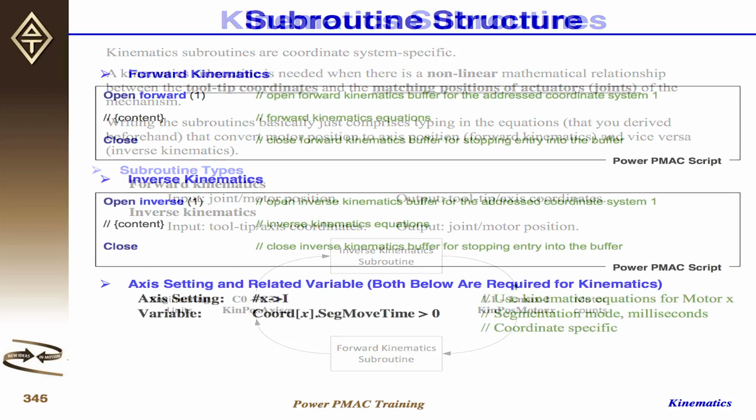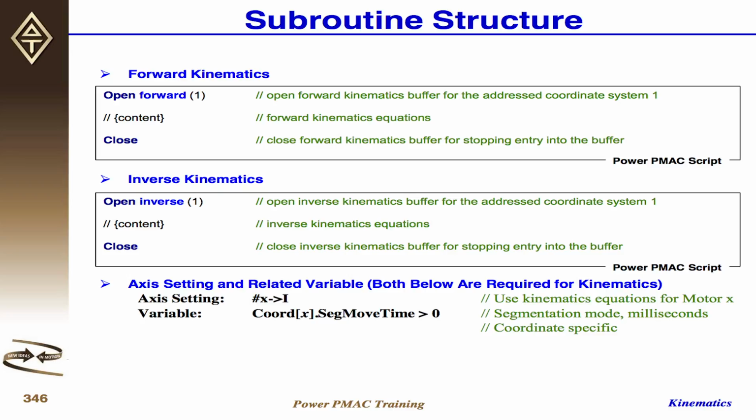Okay, so there are a lot of tweaks in the kinematics, but these are the basic templates. So you just say open forward, just like open PLC or open prog for the motion program. You say open forward.